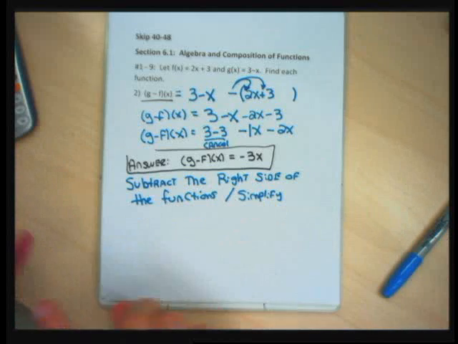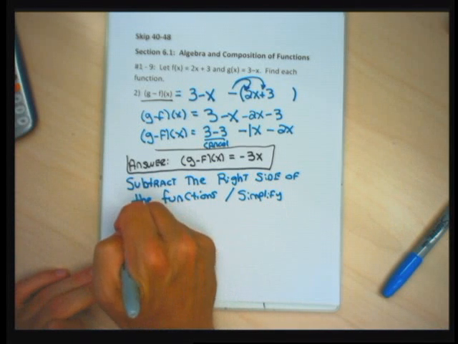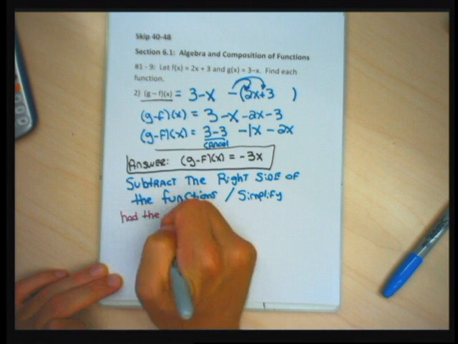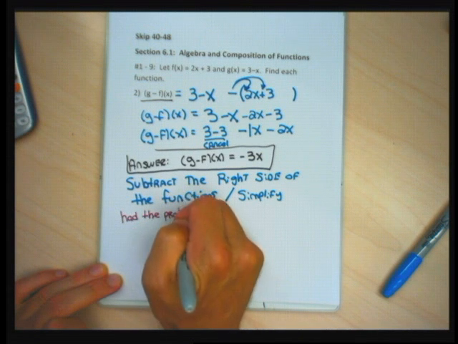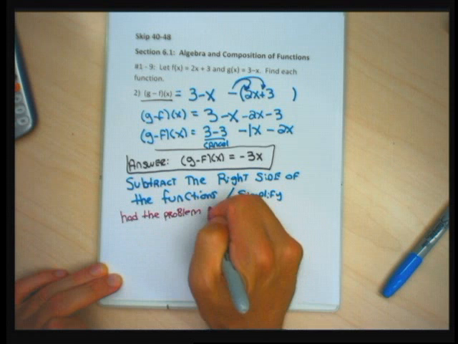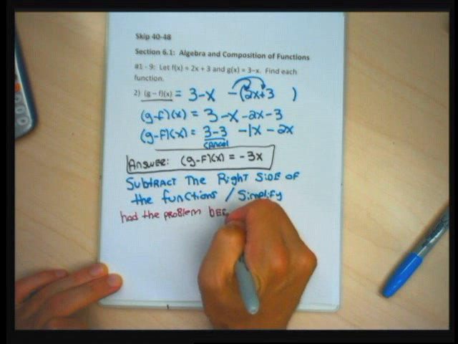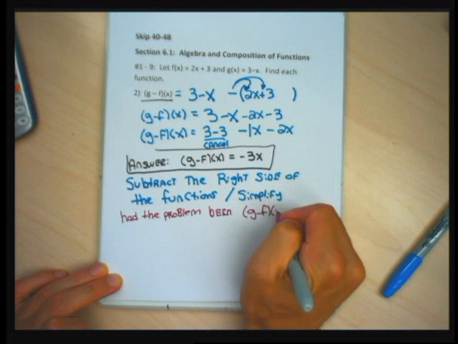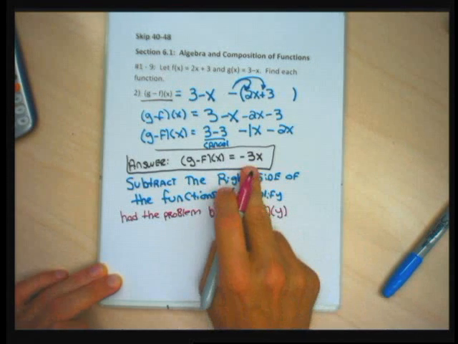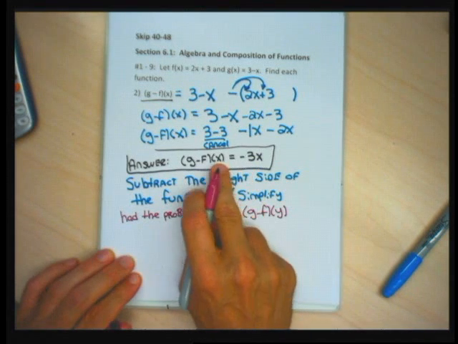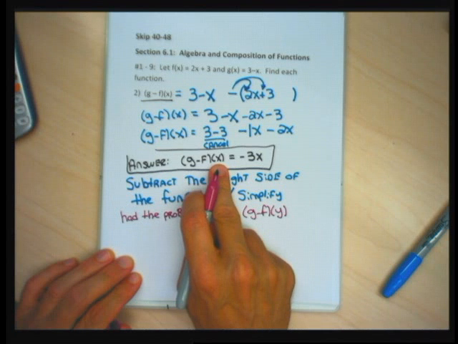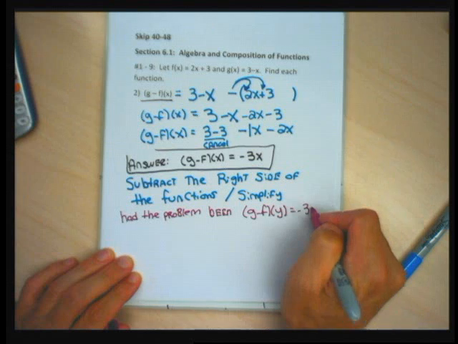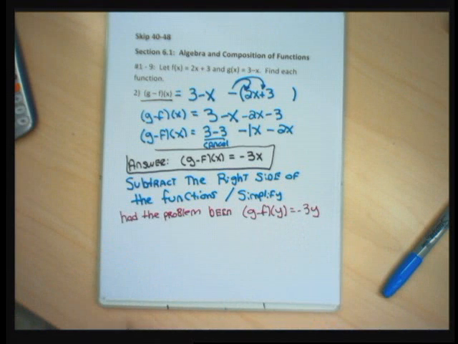For instance, had the problem been g minus f of y, instead of having negative 3x for an answer, the x in the parentheses says leave the x alone. Had it been a y in the parentheses, my answer would have been negative 3y.